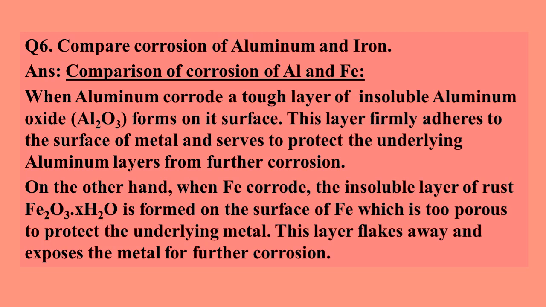And this layer also flakes away because it is not a tough layer. And when it flakes away or breaks away, it exposes the metal for further corrosion. So, when aluminum corrodes, it protects the further aluminum metal from corrosion. But when iron corrodes or rusts, it cannot protect the metal or further layers of the metal from corrosion or rusting.